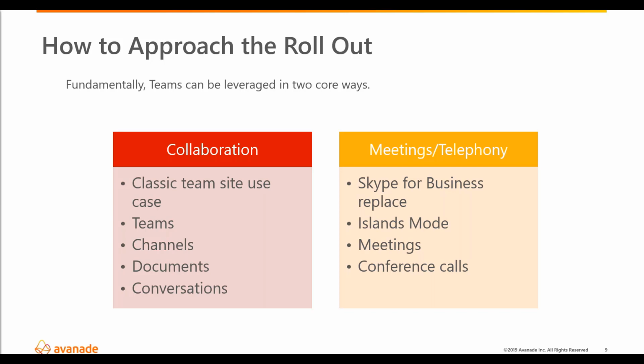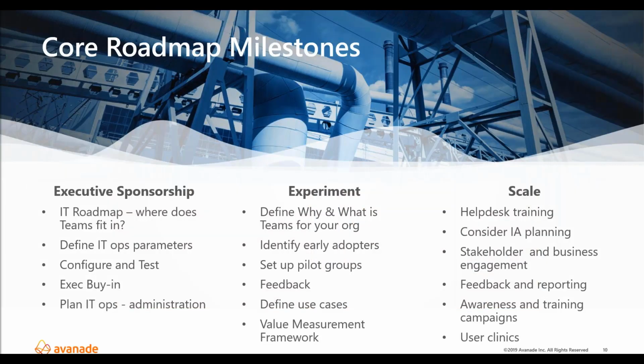So I'm just trying to let you know that there's no wrong or right answer, and it's something to weigh the pros and cons and take a look at your own individual environment to understand what's going to work best for you. So, core roadmap milestones.